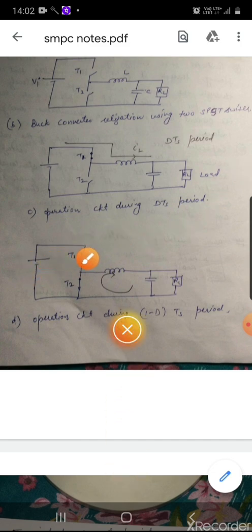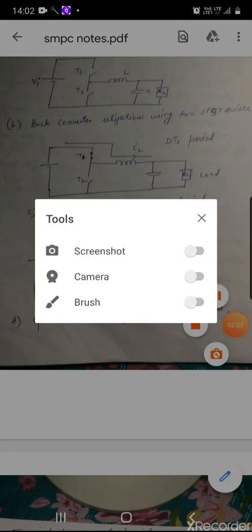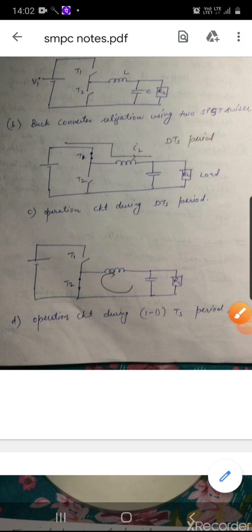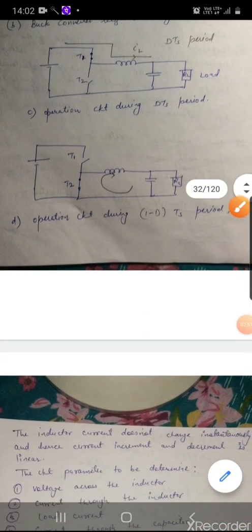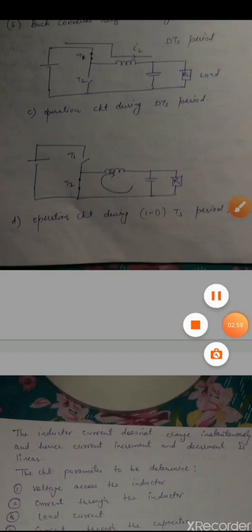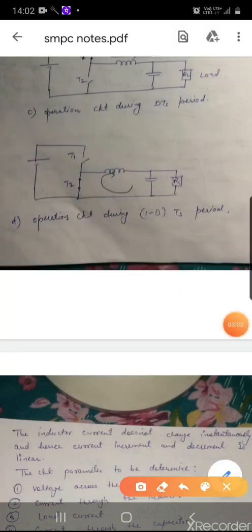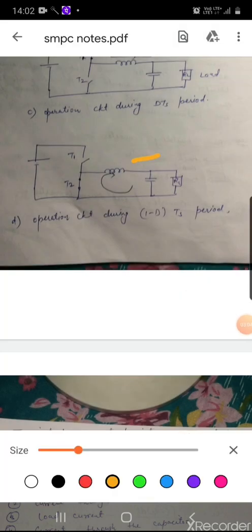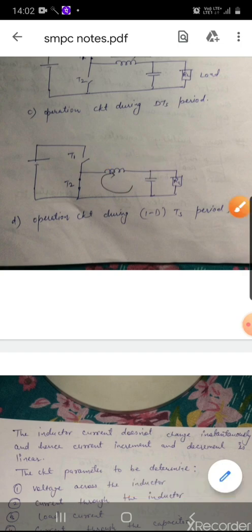Now this switch will be off, and T2 will be on. So the inductor will change its polarity, here plus, here minus, and will discharge itself. By having this polarity, it will discharge itself like this.